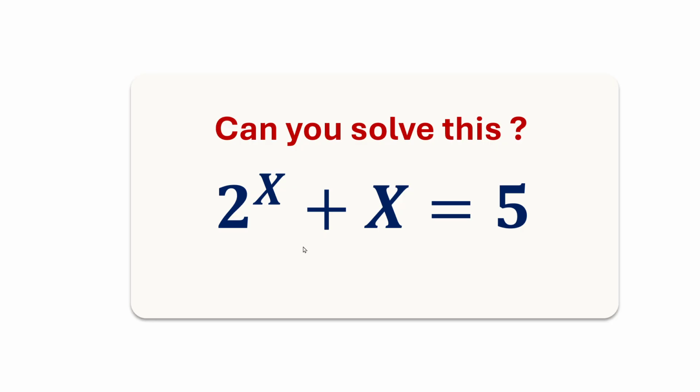So we can try 1.71, 1.72 to 1.78, right? So let's try 1.71, and if we substitute 1.71, we get 4.97, right? So we're heading close to 5. Now let's try 1.72. If you substitute 1.72, we get 5.012.